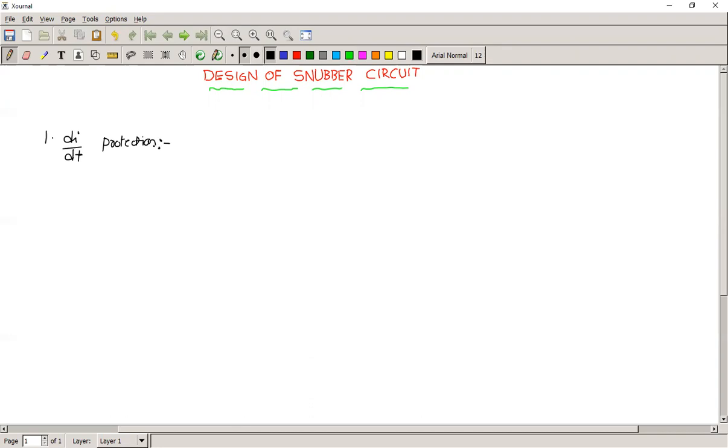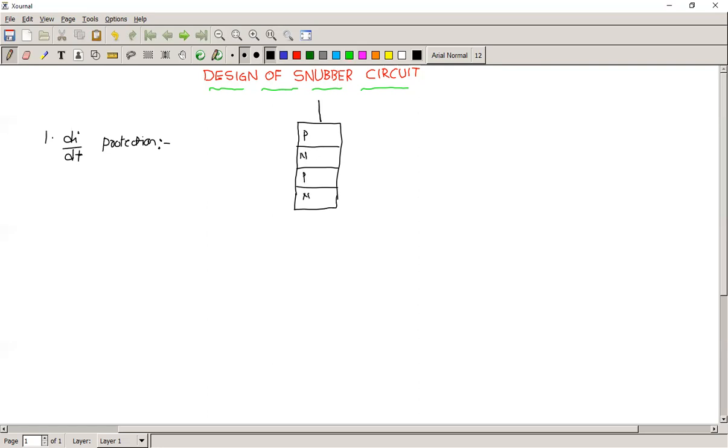Why is it required? Suppose you take the SCR, which is a PNPN device. This is the structure of the SCR, a PNPN device.